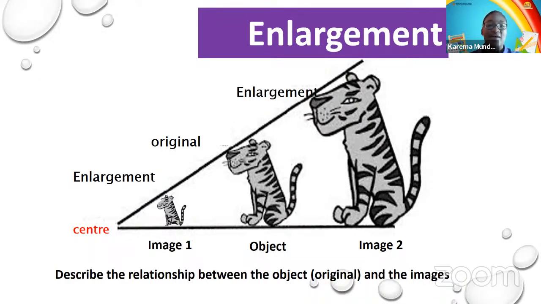Awesome. So as you would have seen with the words, we're seeing a similar thing happening here in terms of the change taking place in the size. But not only that, for this diagram, we're noticing center. The word center has been highlighted in red. All right, and as we look at those line segments coming from the center, it almost looks as if we have some light rays spreading out.